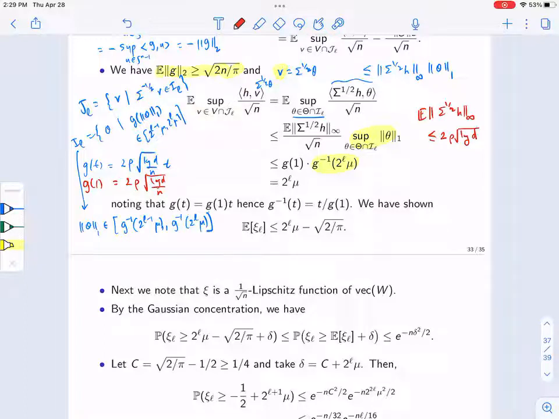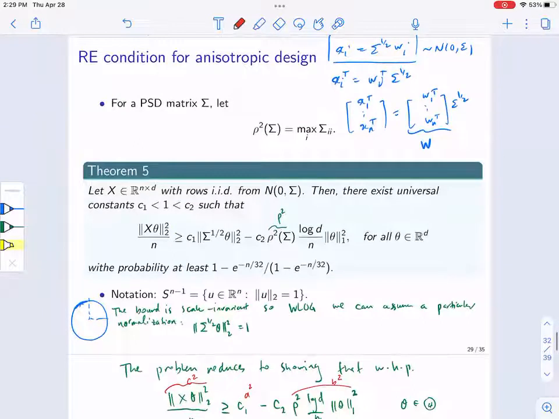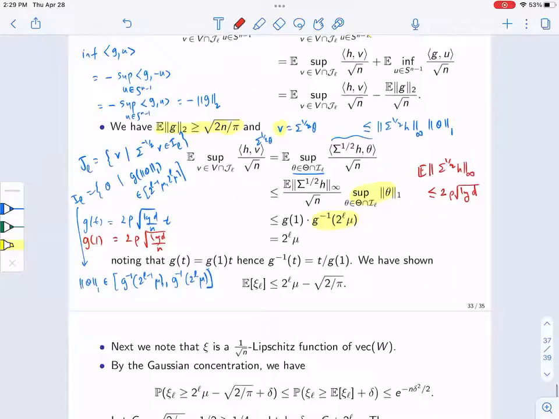Let's see if anyone can argue this. No, it's not diagonalized. It's the diagonal entries. So rho squared is the max over i of the diagonal entries of sigma.